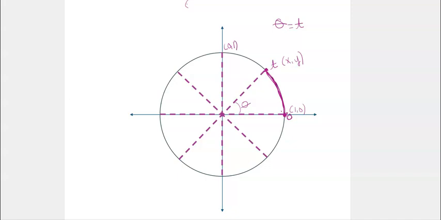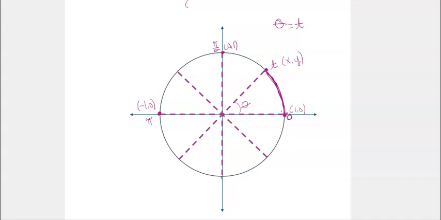But if we come up here to the point (0, 1), we can see that this point corresponds, we learned, to a quarter of the way around the circle. And since the whole way around the circle is 2 pi, this would be a quarter of it, which would be pi divided by 2. And over here, this point (-1, 0) corresponds to pi, and the angle theta would be pi radians.